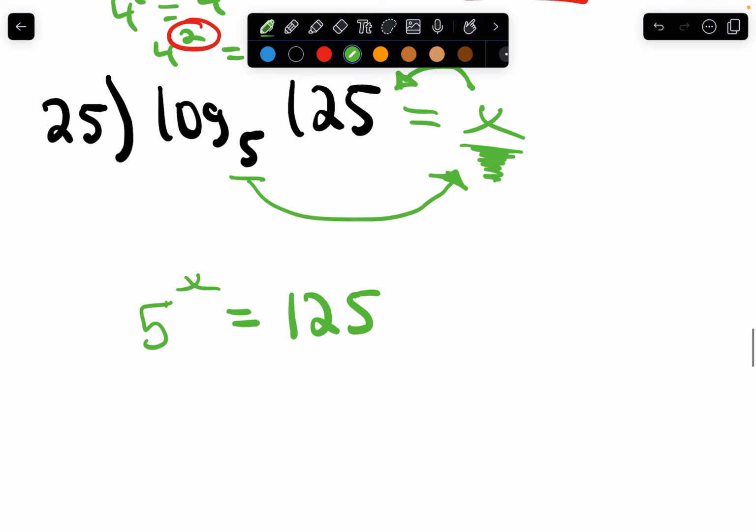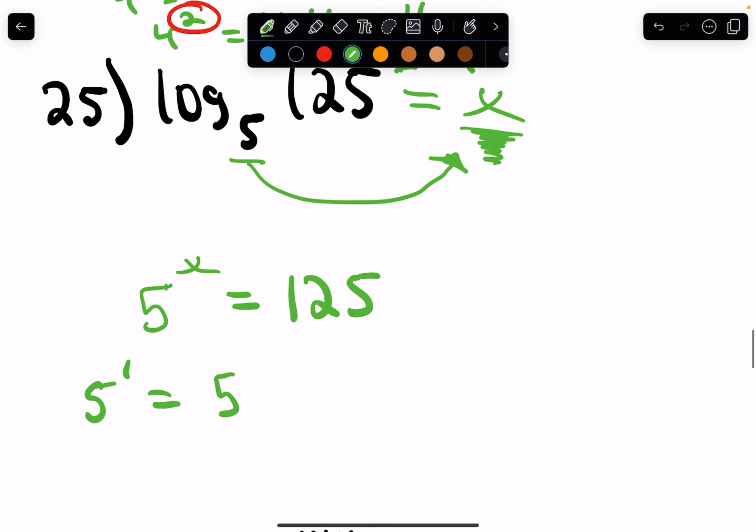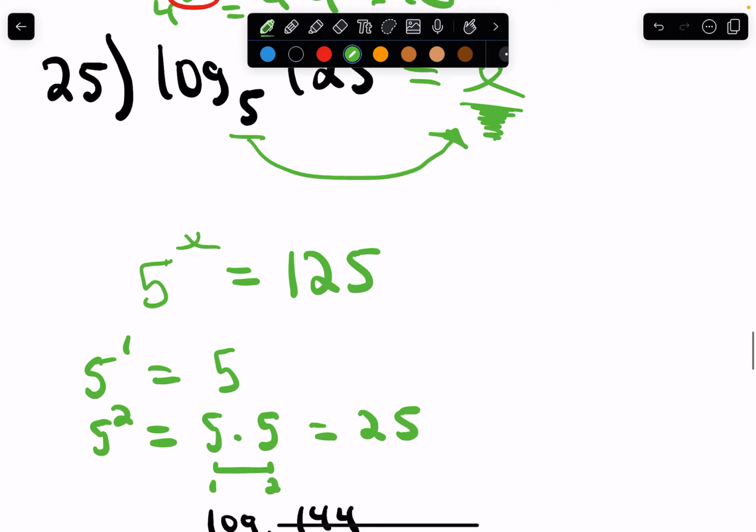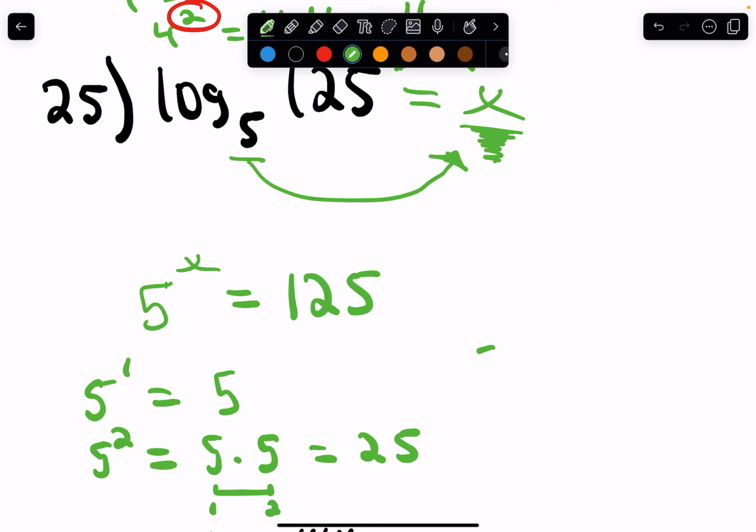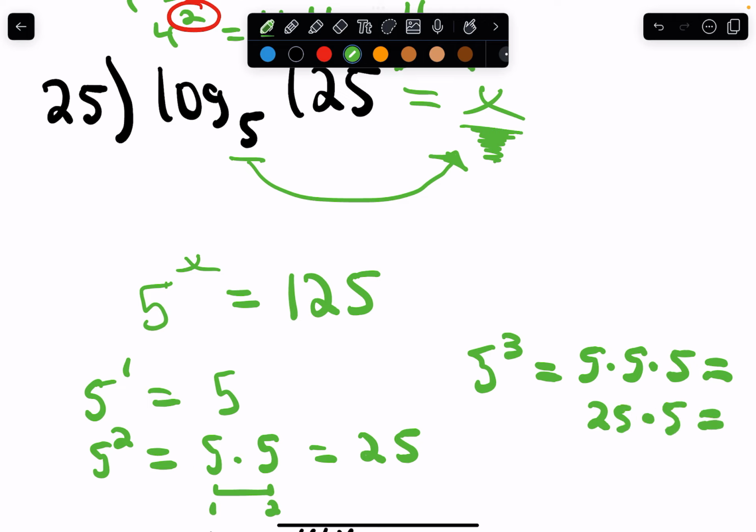Now, as we know, 5 to the first, well, that's just 5. 5 to the second, that would equal 5 times 5, multiplying 5 twice, 1, 2. That would give us 25. But 5 to the third equals 5 times 5 times 5, which equals 25 times 5, which equals 125.